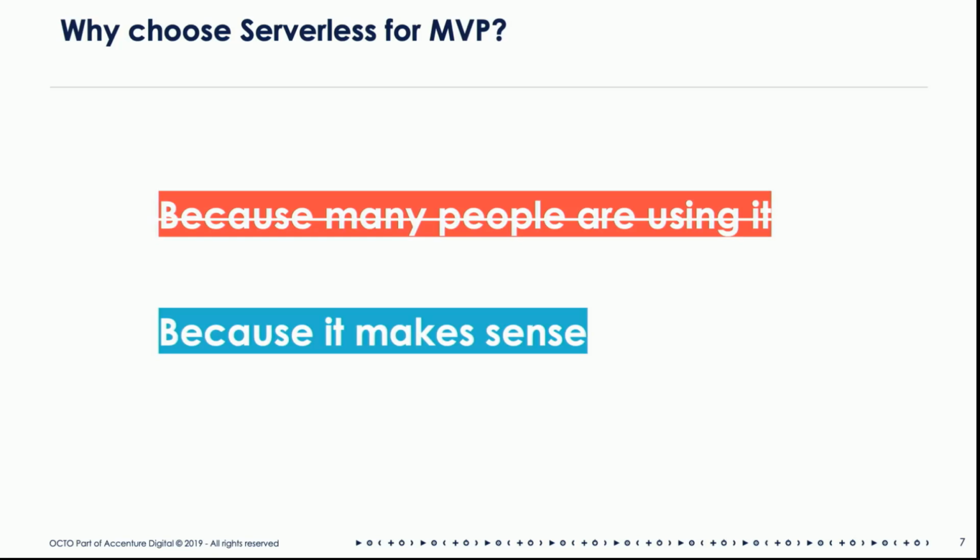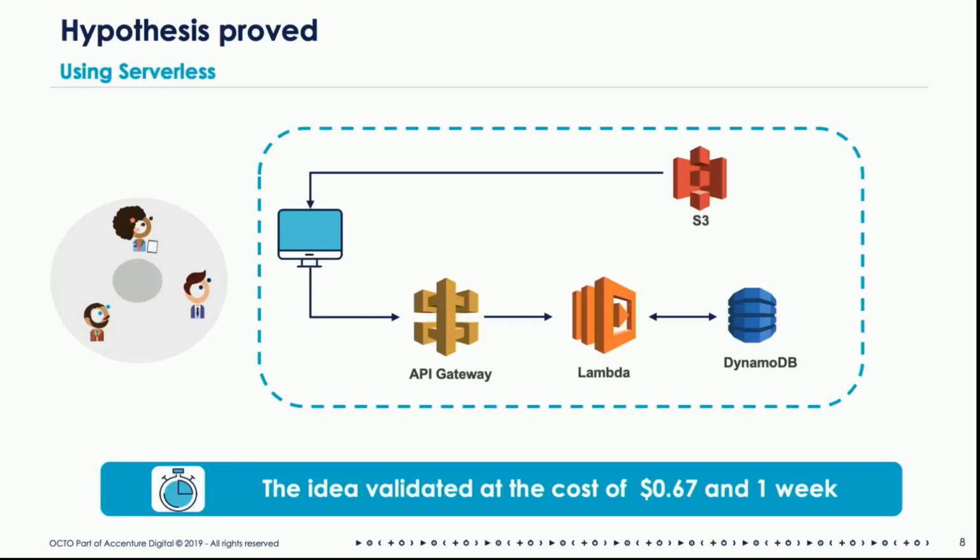So we started working on this little MVP using serverless. We created a static website hosted on S3. We had an API gateway which was integrated with Lambda. As a database, we used DynamoDB. We wanted to be as flexible as possible, so we just went ahead with DynamoDB, and because it was easier.